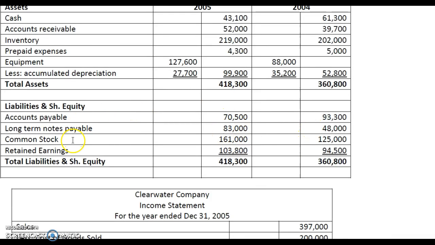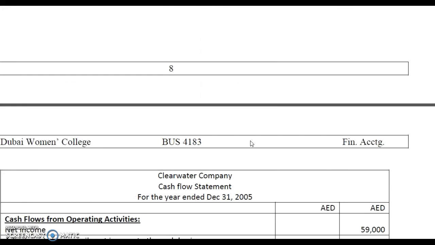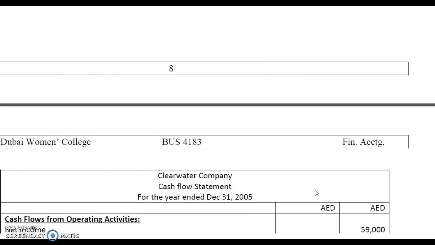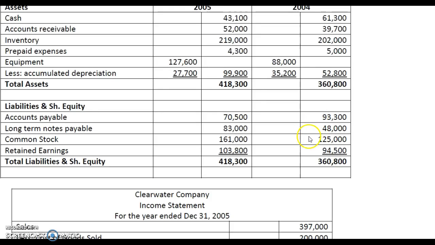And then we look at the common stock. The common stock in 2004 was 125,000, which has increased to 161,000 in 2005, which means there has been an issue of common stock, which again increases the cash flow. So we will add the issue of common stock in the cash flow statements. Issued common shares 36,000. 36,000 is the difference between 161,000 and 125,000. No other long-term liability or issue of common stock.